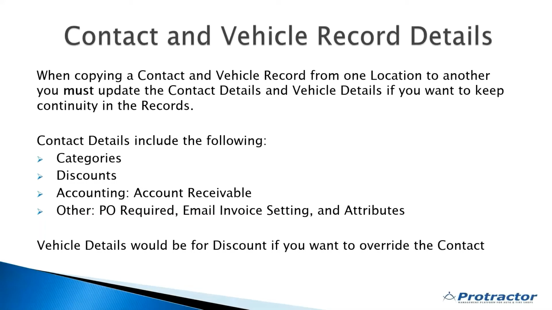Contact and vehicle record details. When copying a contact and vehicle record from one location to another, you must update the contact details and vehicle details if you want to keep continuity in the records. In the contact card, the details include the following: categories, discounts, accounting, such as accounts receivable, other.